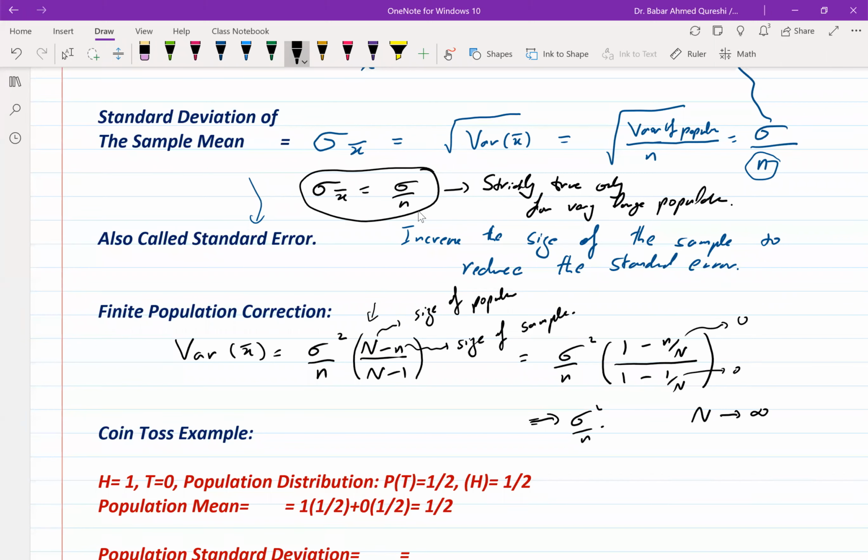But you can quickly estimate how much difference it makes. If this factor is like 0.01, then it's not worth it. So it depends on how much accuracy you want in your estimate of the variance of the population. Okay, sir. Thank you.